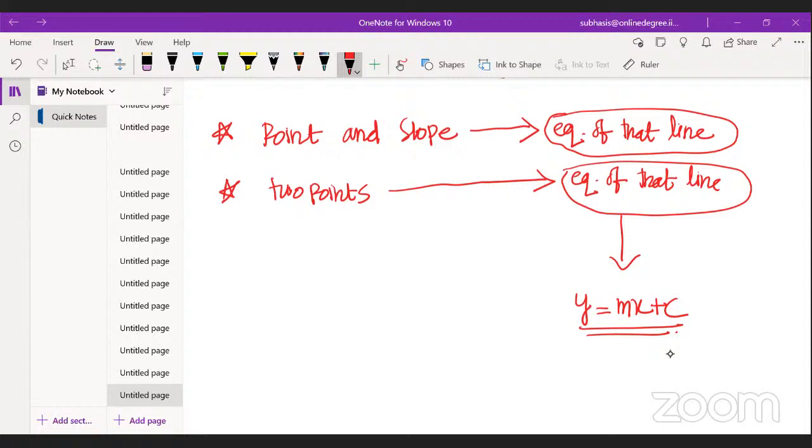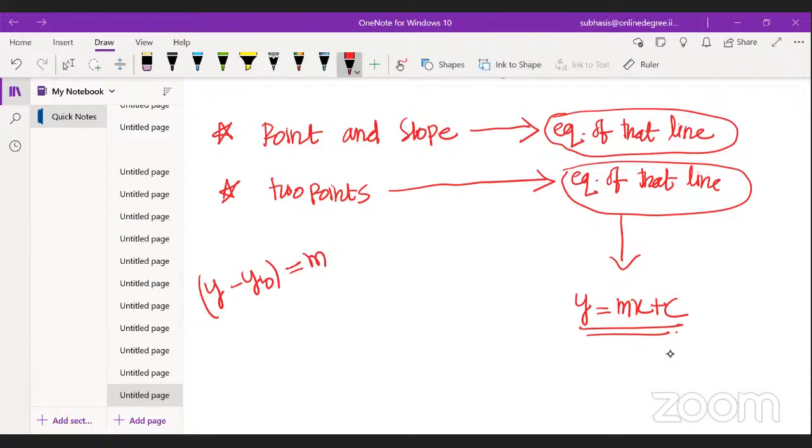I think this you can also do. Suppose you have a line which passes through x naught, y naught, and the slope of that line is m.